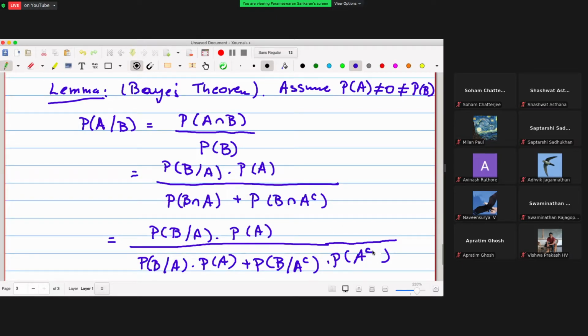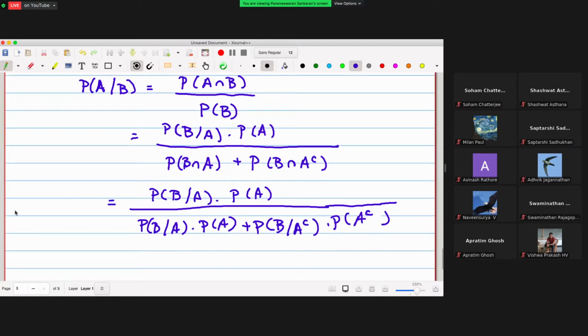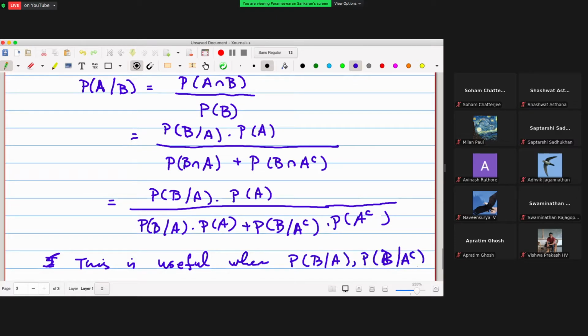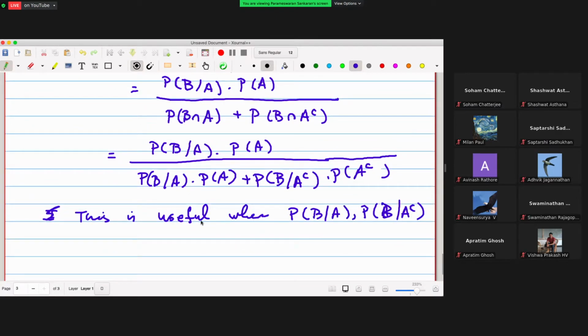The whole thing is, as you know, this is useful when the probability of B given A and the probability of B given A complement are easier to compute, or much easier to compute.